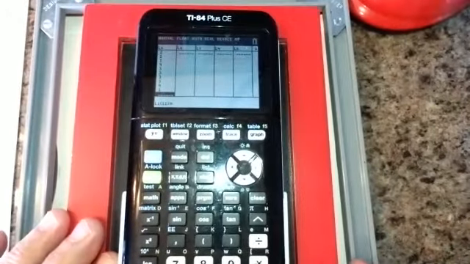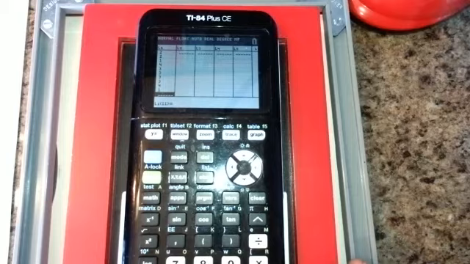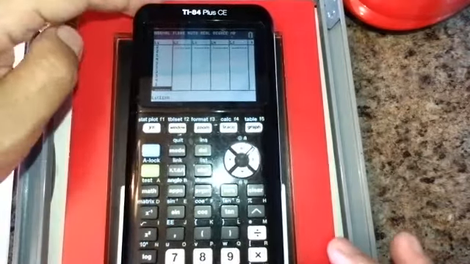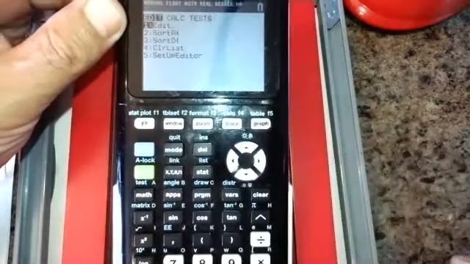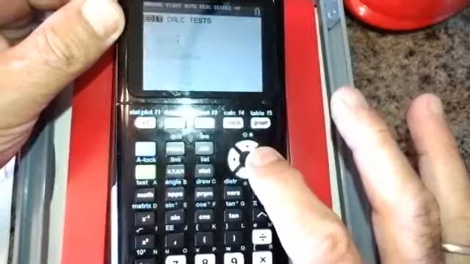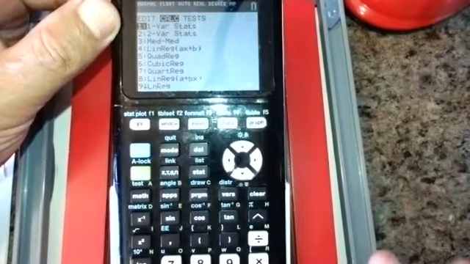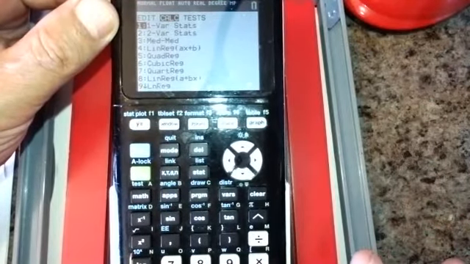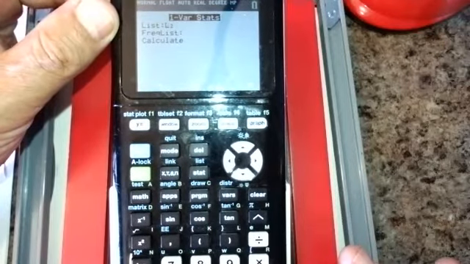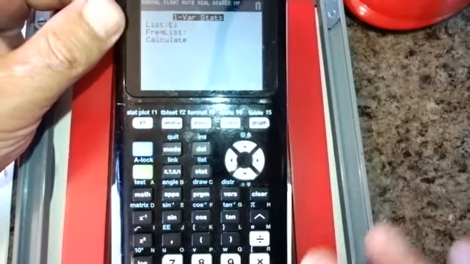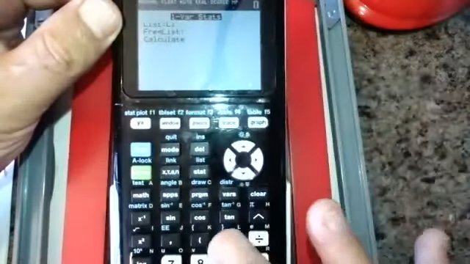Now, you want to calculate the mean and the standard deviation. Go to stat. Remember calculations. The very first one, 1-Var Stats, enter. All my numbers are in L1, not L2. So I'll put second L1.